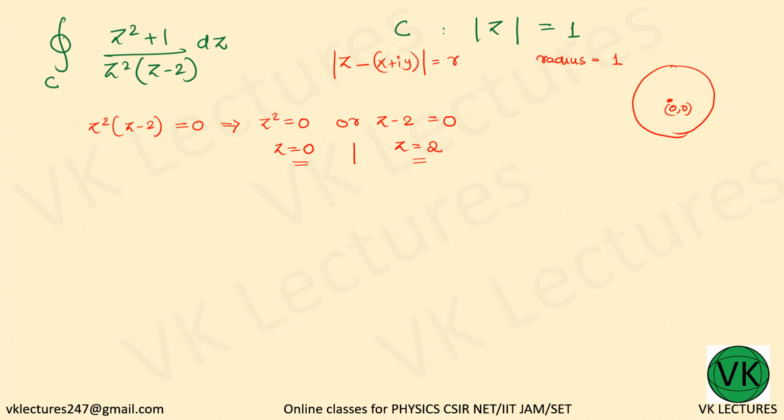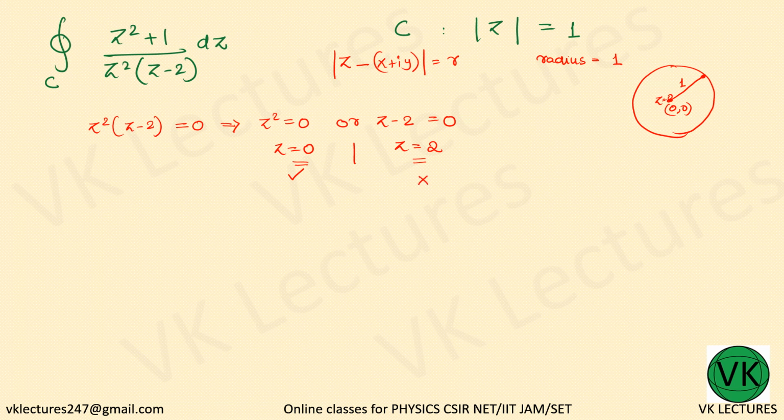Here x plus iy is 0, so both x and y are 0, which means it is the center. Now this is the radius, which is equal to 1. The point z equal to 2 is lying outside the given circle, and z equal to 0 is here. So only the point which is inside can be taken. So this is in, this is out.